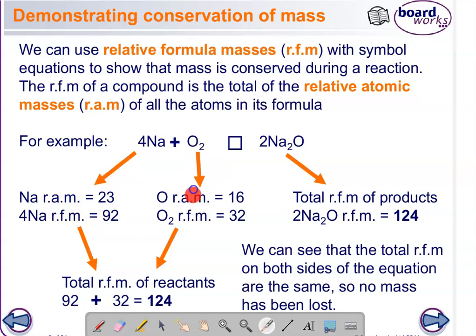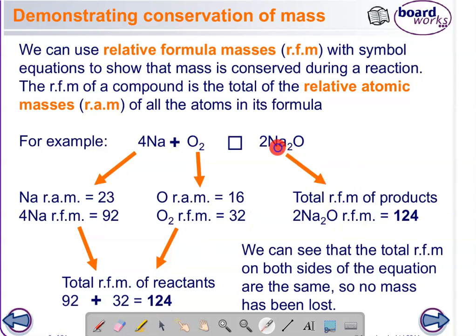Go to oxygen. The relative atomic mass of oxygen is 16. We have 2 lots of oxygen in the oxygen molecule. Multiply 2 by 16, you get 32. The next thing to do is to add the relative formula masses of the reactants, which is 92 plus 32, and that should give us 124.